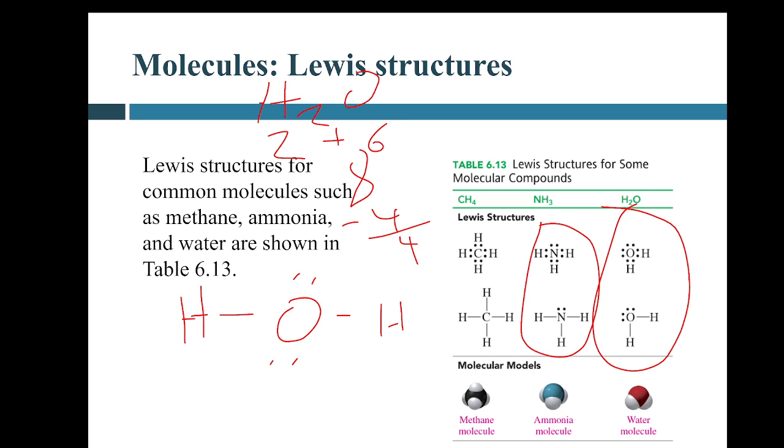Okay? That gives me 8 electrons on that center atom, which is a noble-like configuration, right? And I've used up my remaining 4 electrons, haven't I? Okay? And that now is the structure. Everybody okay with that? Okay, fantastic.